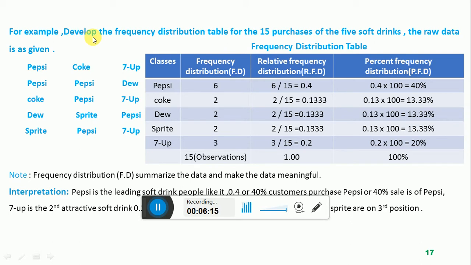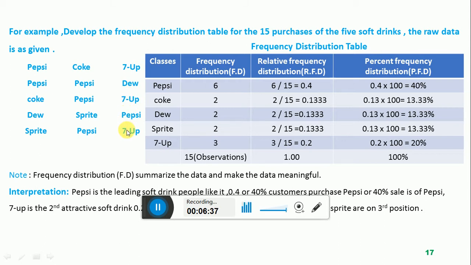The information is given in raw form as given here: Pepsi, Coke, Dew, Sprite, Coke, Pepsi, Sprite, Pepsi, 7-Up, Dew, 7-Up, Pepsi, 7-Up.